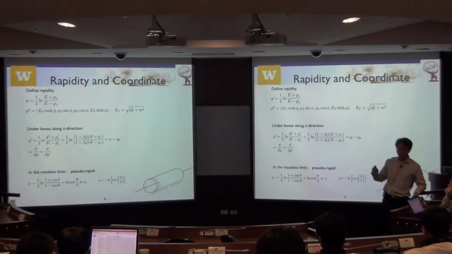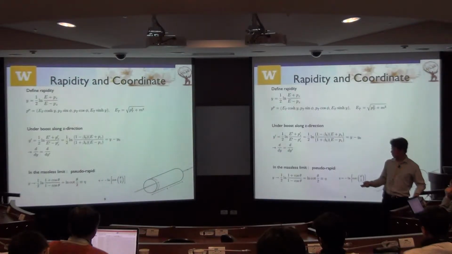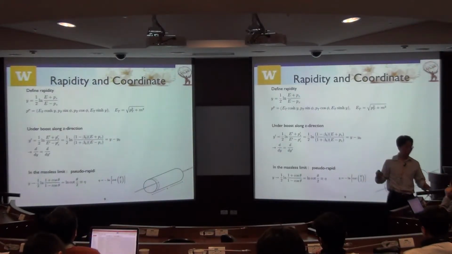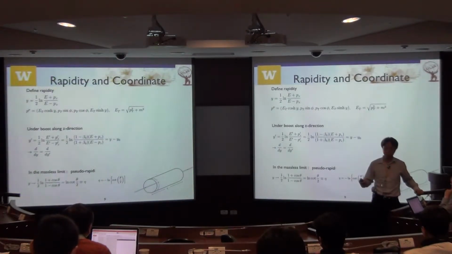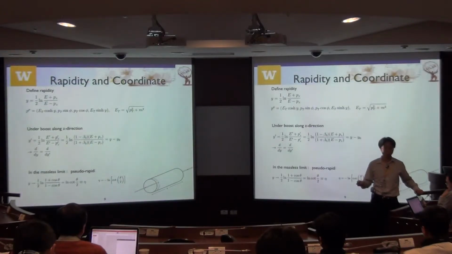So now, because we are working on an extremely high energy collider, if you take the high energy limit, almost all the final state particles, even the proton, you can approximate to be massless particles when you calculate the rapidity.